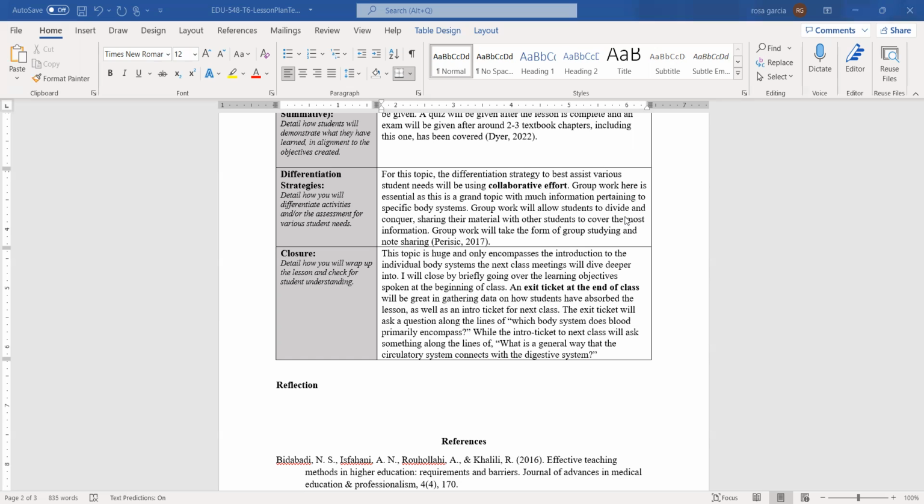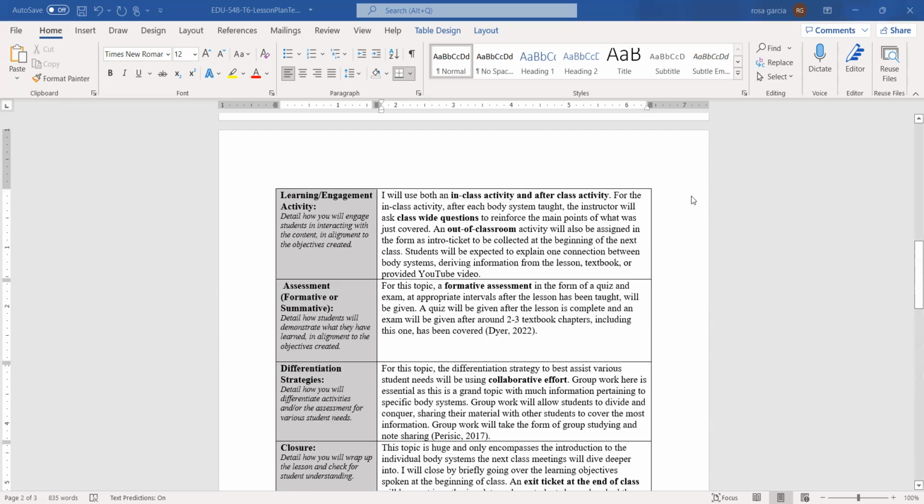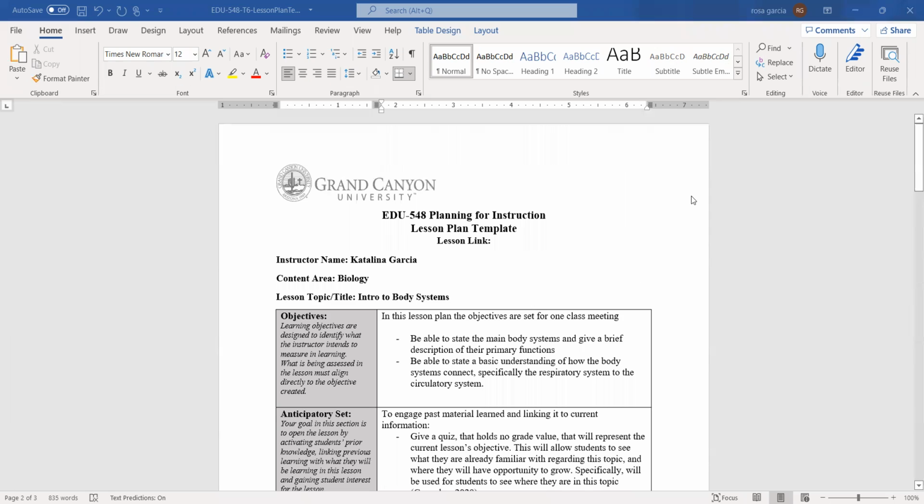And then as I spoke about earlier, that intro ticket for the next class will be either how do the body systems connect, or how does the circulatory system connect with the digestive system? So something like that. And so this lesson will be information heavy. It'll be a lot of information at once.